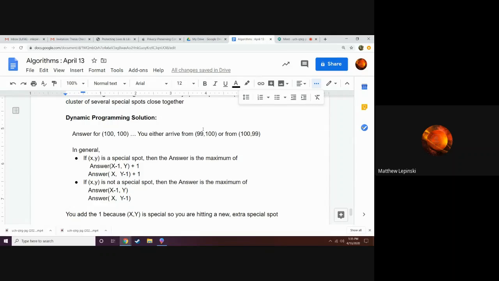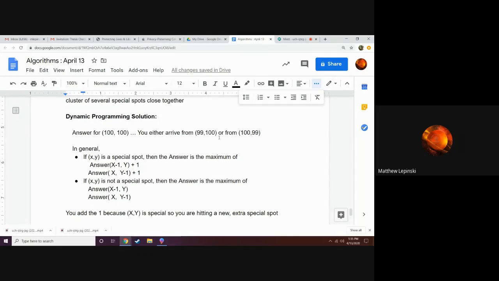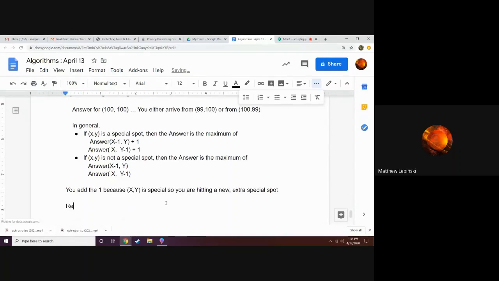I'm going to take the better of these two and then keep working backwards. But remember, since this is dynamic programming, you need to have a two-dimensional array that stores the best way to get to XY for each XY.